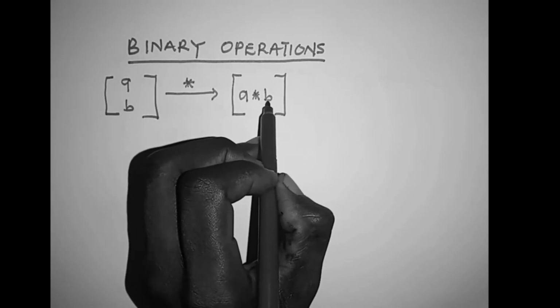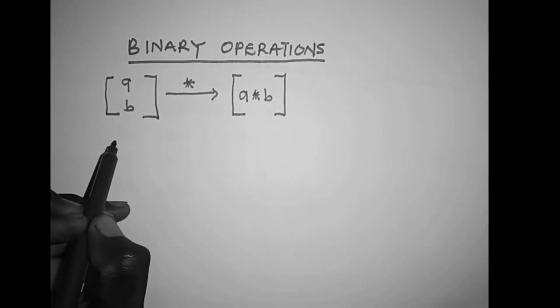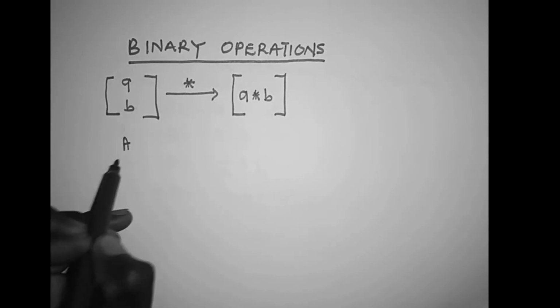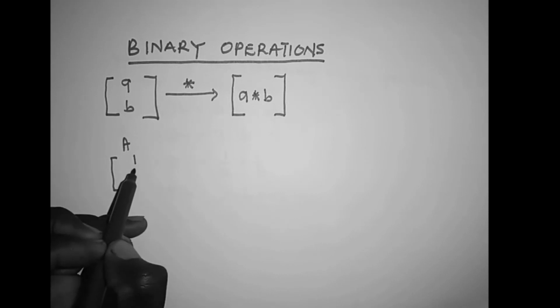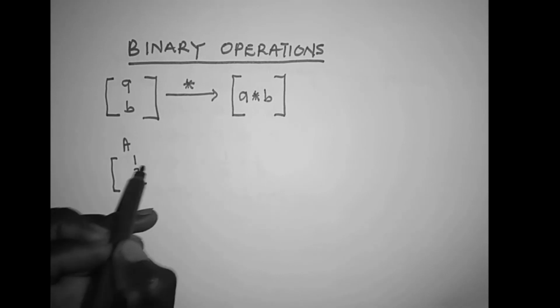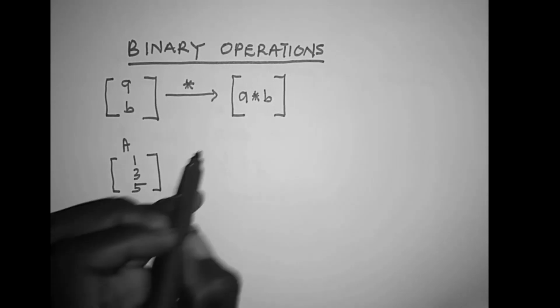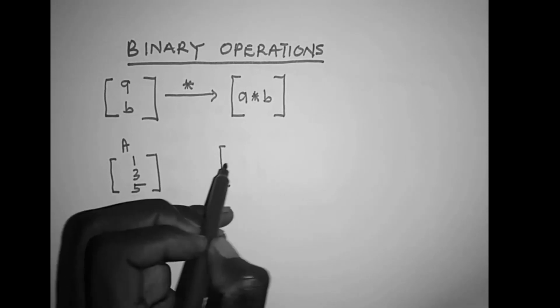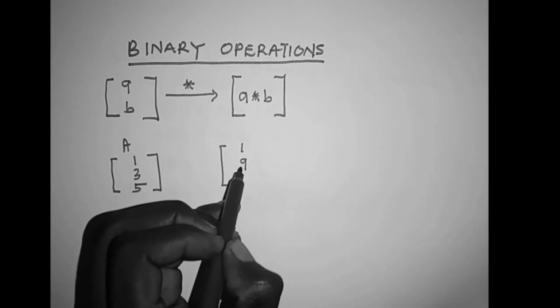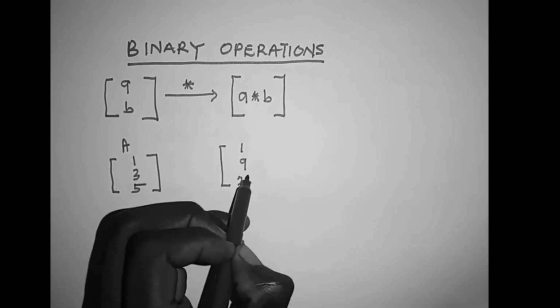So, for example, let's say we have a certain set A here, a collection of numbers, for example, 1, 3, and 5. And then we have another set here, which is 1, 9, and 25.